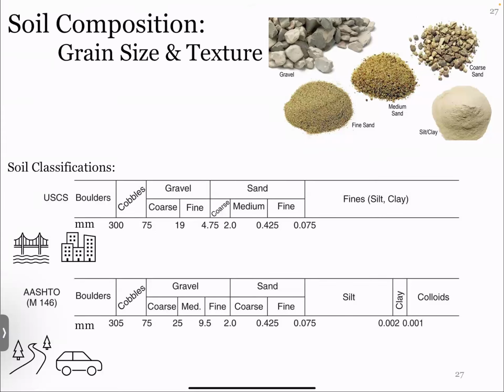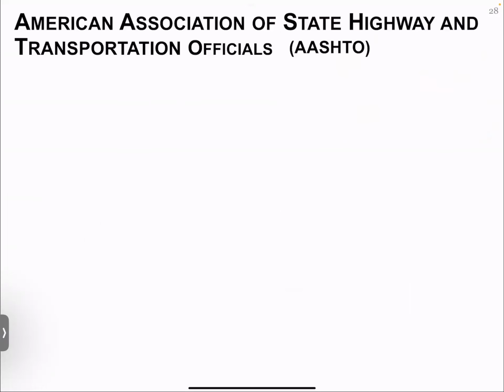So they care a little bit more about the fine content, mainly because what we're talking about for AASHTO is roadway subgrade. And one of the most important things for roadway subgrade is drainage and permeability. So they shift the numbers a little bit for the purpose that they're designing and classifying the soil for. So it's a little bit more highlighted on that.